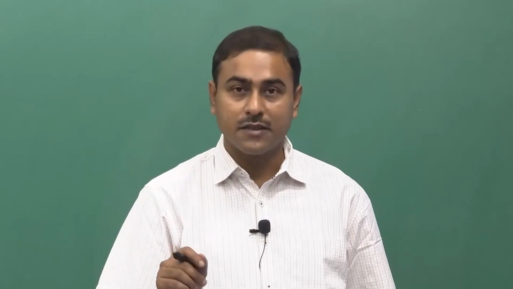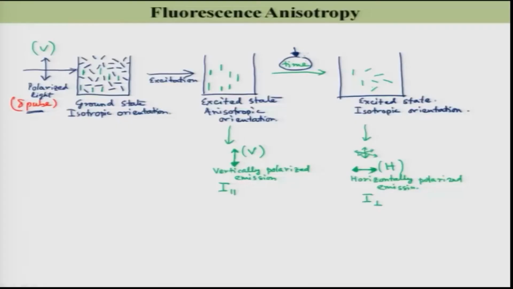However, this time I am talking about is actually the reorientation time. If this time is much shorter than the lifetime, let us say lifetime is 2 nanosecond, and the reorientation time is 0.1 nanosecond, 100 picosecond, then within 100 picosecond after you excite, remember this is a time constant, the reorientation takes another 400 picosecond or so.